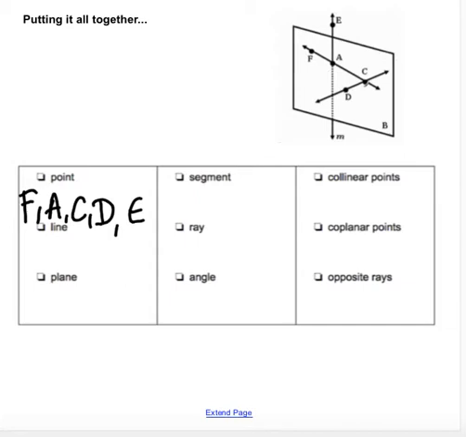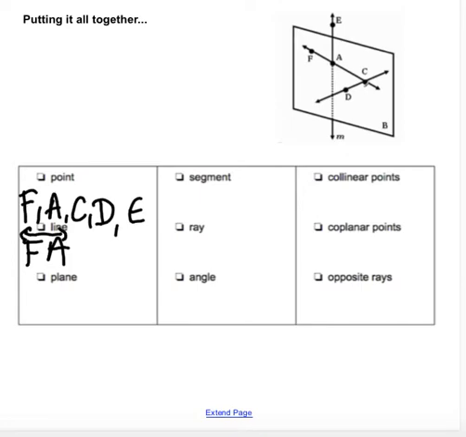We'll start with the line that contains F, A, C. I can name it a bunch of different things. I'm just going to go with the first ones I see. I'm going to call it line FA. You could also call it AC, FC, AF, CA, CF, anything like that.